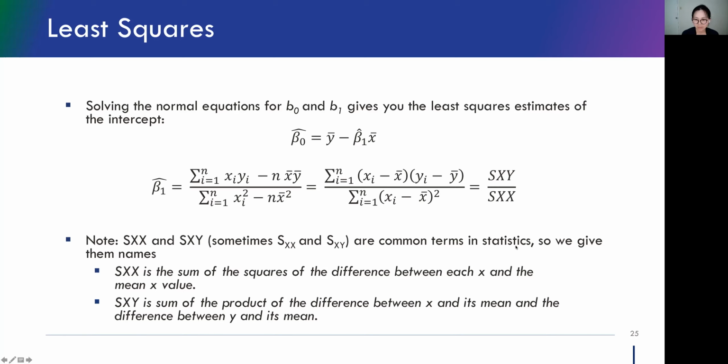So that's why we gave them this short name. SXX is the sum of squares of the difference between each x and the mean x value, so it is x bar. And SXY is the sum of the product of the difference between x and its mean and the difference between y and its mean. So they correspond to the numerator and denominator.